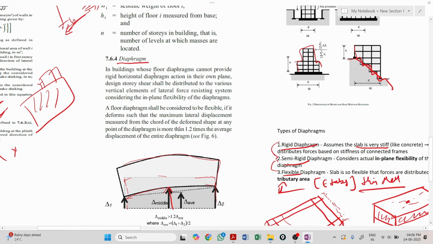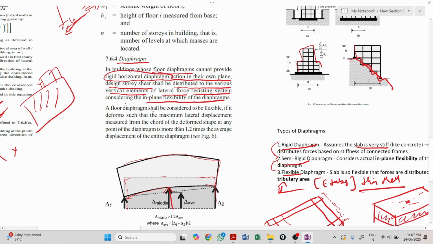In the building whose floor diaphragm cannot provide rigid horizontal diaphragm action in their own plane, design story shear shall be distributed to the various vertical elements of the lateral force resisting system, considering in-plane flexibility of the diaphragms. So they are explaining about rigid horizontal diaphragm.